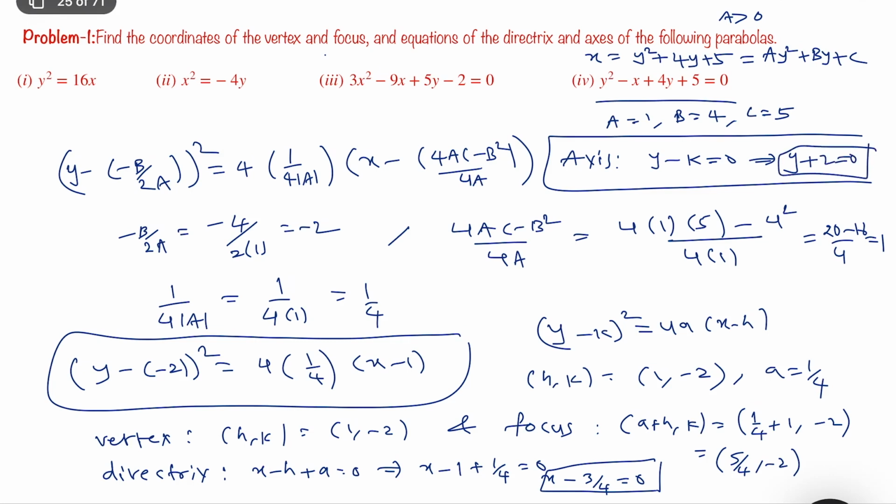It is the horizontal line parallel to the x-axis. Okay, fine. So this is the vertex, this is the focus, and we got a directrix equation x minus 3 by 4 equal to 0, and the axis is y plus 2 equal to 0. Fine. Okay.